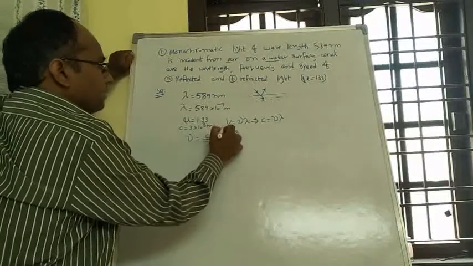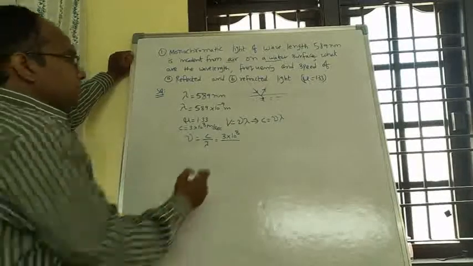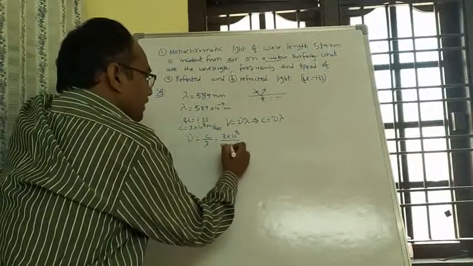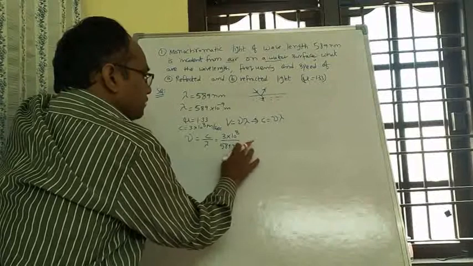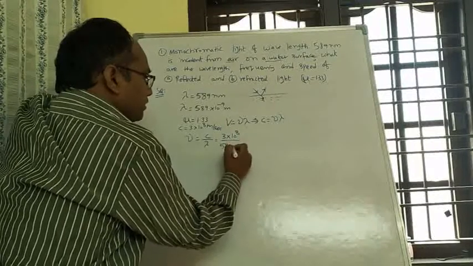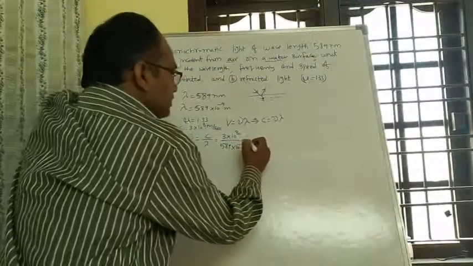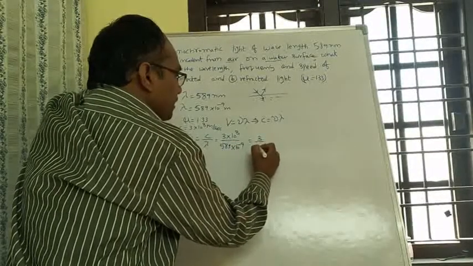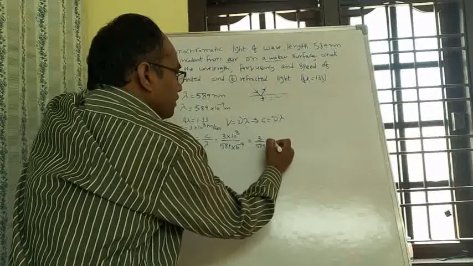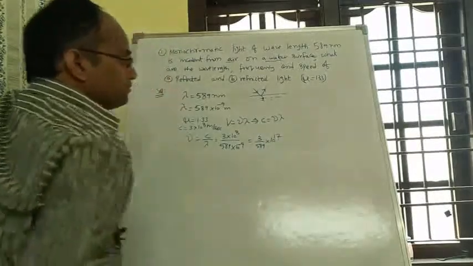Next, lambda, the wavelength, is 589 nanometer, which I can write as 589 into 10 to the power of minus 9 meter. So the value is 3 divided by 589 into 10 to the power of 17.